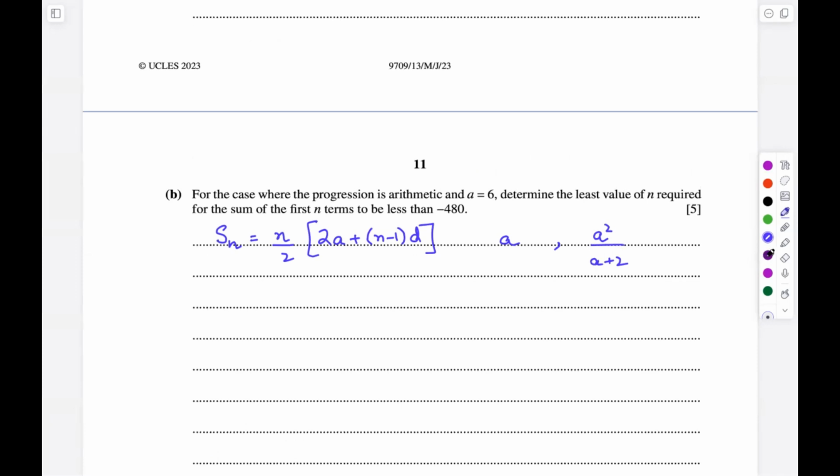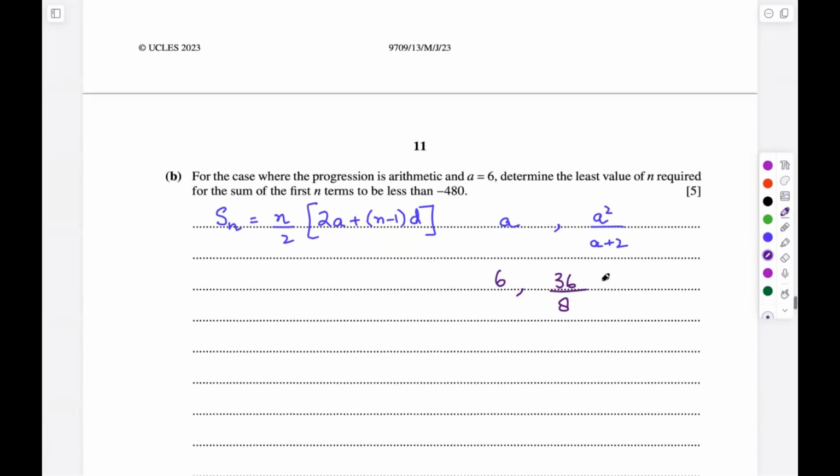As a is equal to 6, this becomes 36 upon 6 plus 2, which is 8. So the first term will be 6, and the second term will be 36 upon 8, which is 4.5. Now, as we have the first term and the second term, we can find the common difference. The common difference will be 4.5 minus 6, which is equal to minus 1.5.